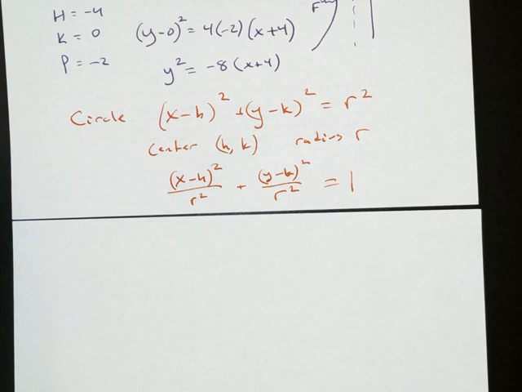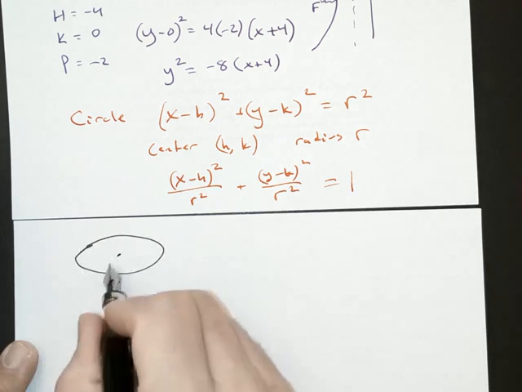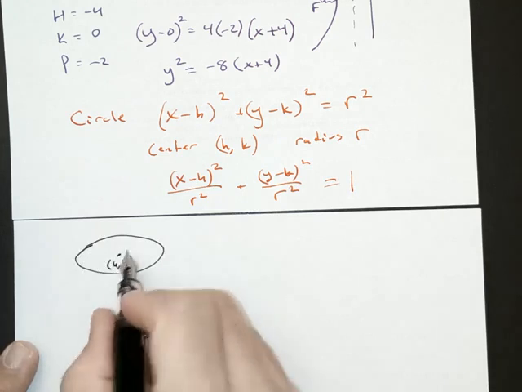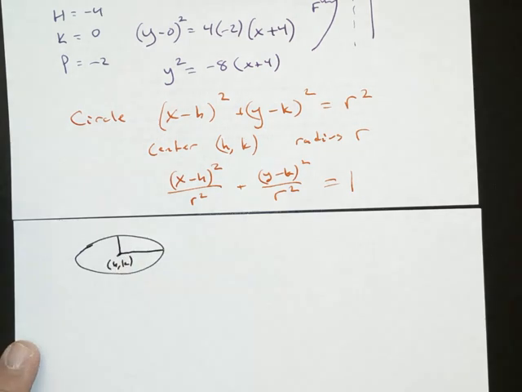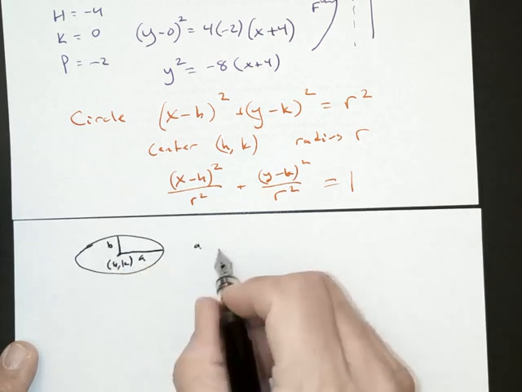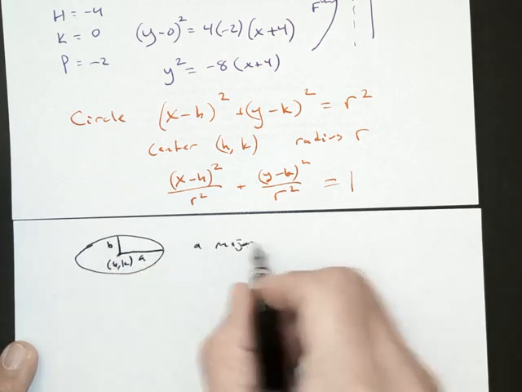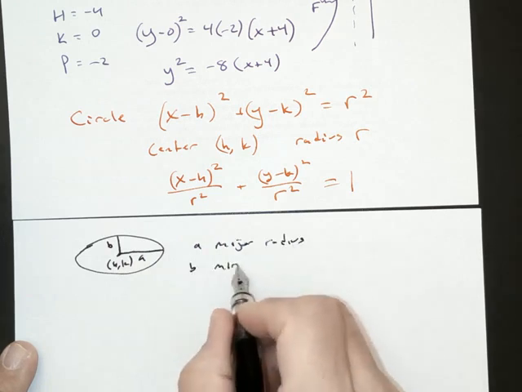But in an ellipse, we have a longer side and a shorter side. So I'm going to name those. In an ellipse, my center is still h, k, but I have a long direction and a short direction. The long direction will be A, the short direction will be B. A is called the major radius, and B is called the minor radius.